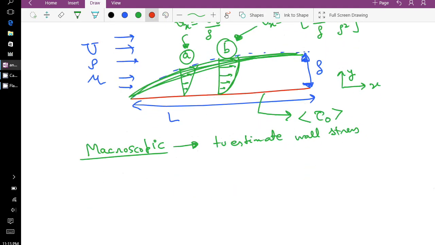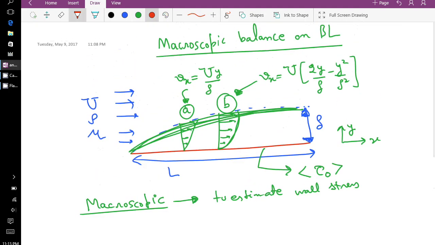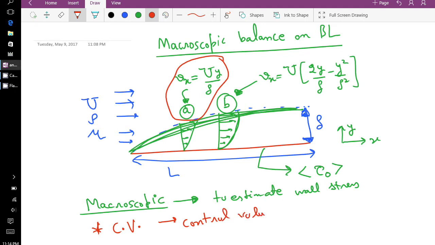So there are two parts of this problem. One part is this A part, and you can imagine that whenever we are trying to do a macroscopic balance, we need a control volume, right? The first thing we need is a control volume, and the control volume allows us to define the scope of the balance we're trying to find, this force which we are trying to find.